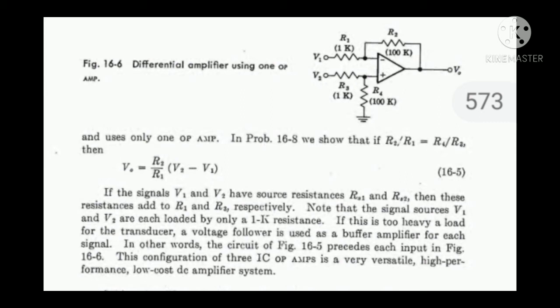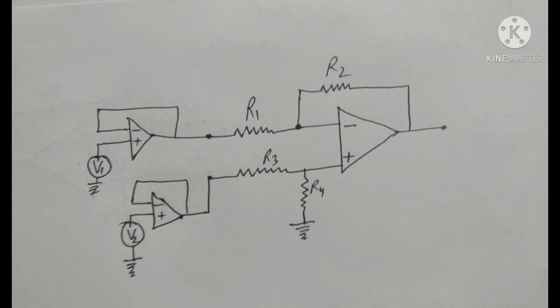If this resistance is too heavy a load for the transducer, a voltage follower is used as a buffer amplifier for each signal. In other words, the circuit of 16.5 precedes each input in figure 16.6. The resulting circuit will look like this.